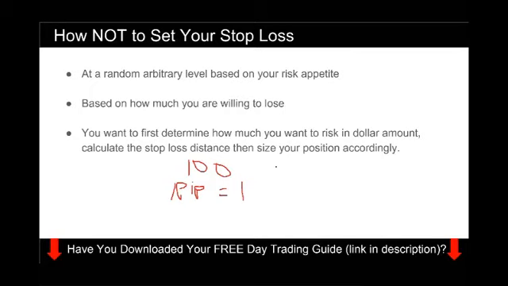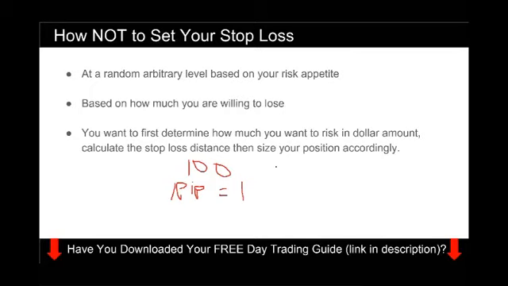But basically what you want to do is calculate your stop loss. Let's say your stop loss is 30 pips, then you want to size your trading position according to your stop loss distance. You do not just want to enter a fixed position size every time you enter a trade. So determine how much you're willing to lose, let's say it's $100. Calculate the stop loss distance, 30 pips, whatever it is, based on what I will show you later.